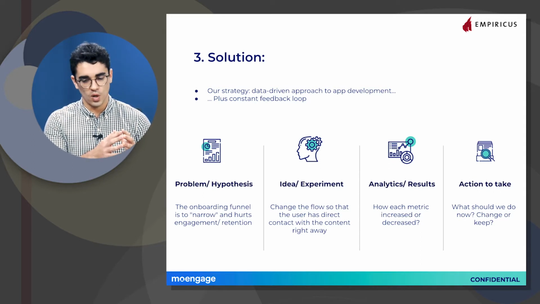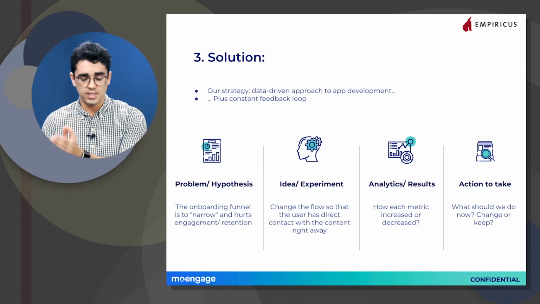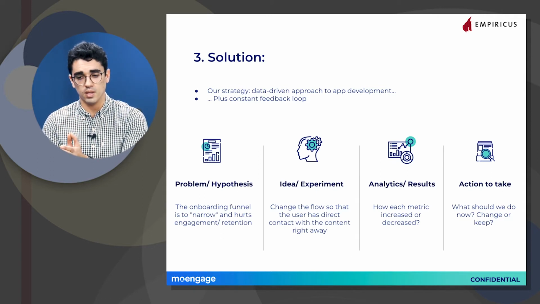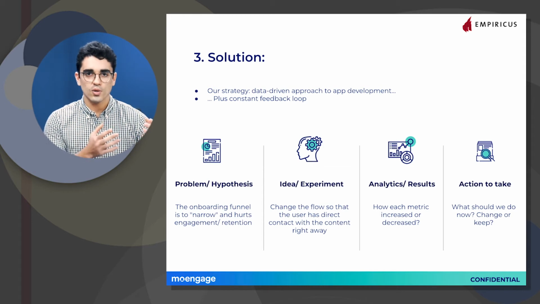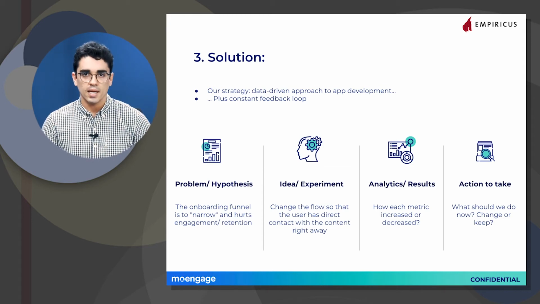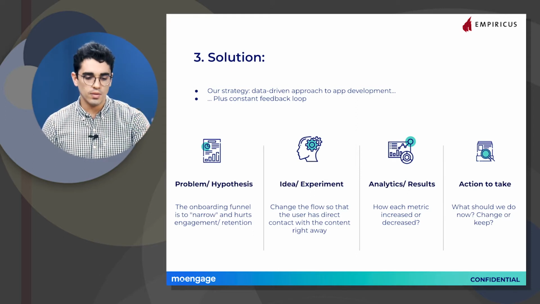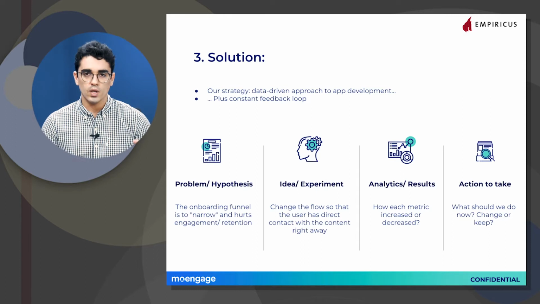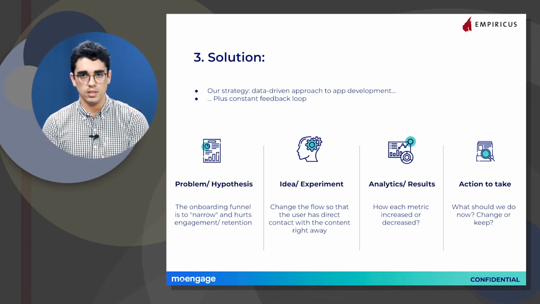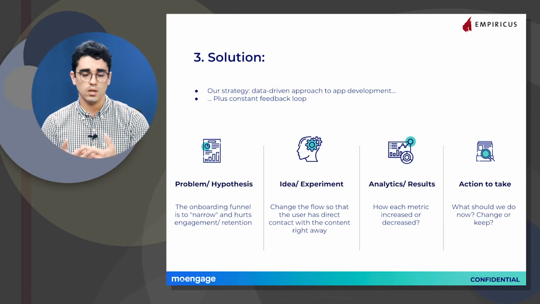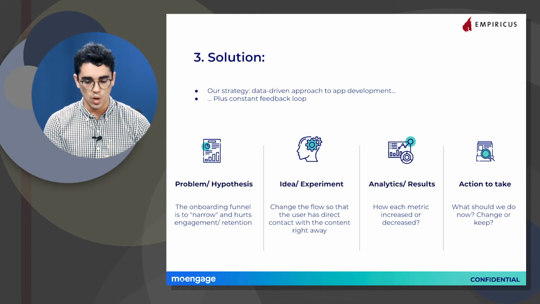We not only look at data, this is important, but it's not the only thing. We are also constantly getting spoken and written feedback from our users so that we know exactly how they're feeling and what they want. And we combine these two things to guide what we do every day on the app: how we develop it, how we create campaigns, and so on.